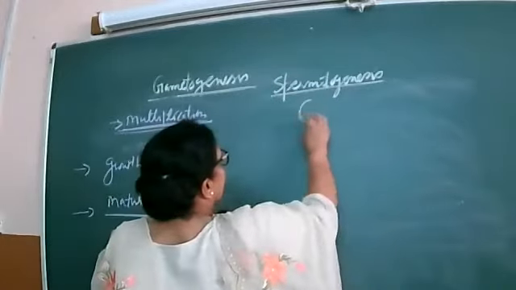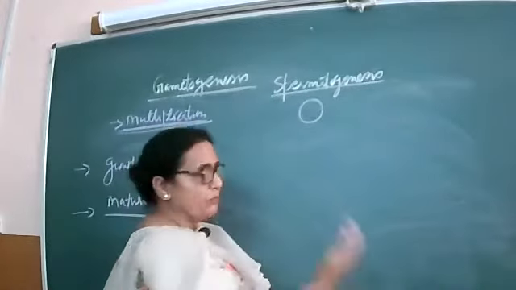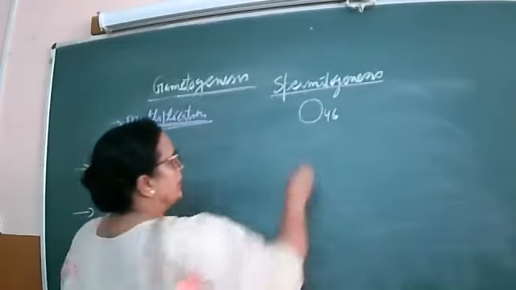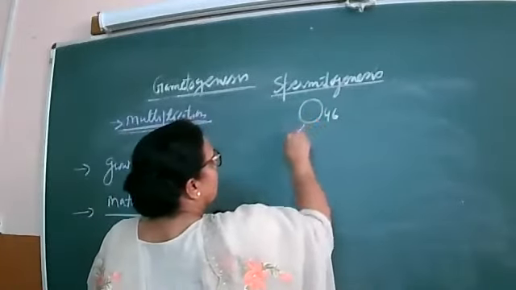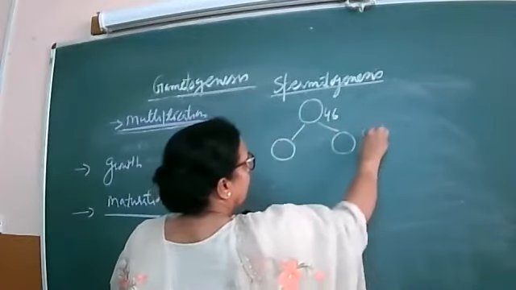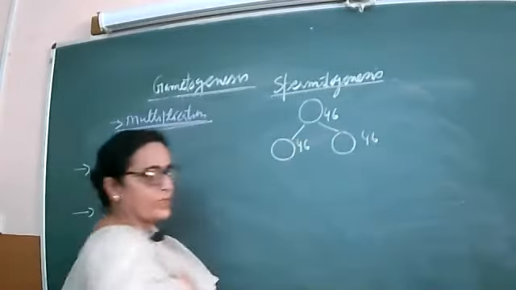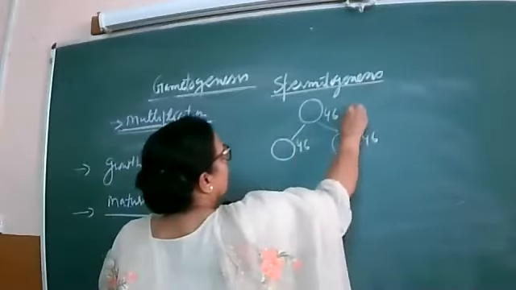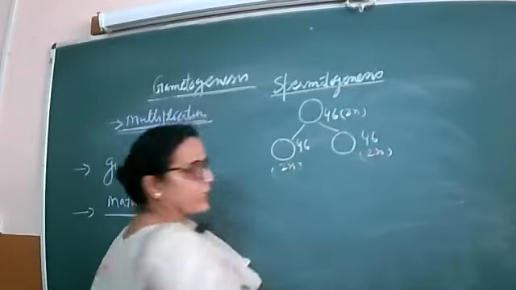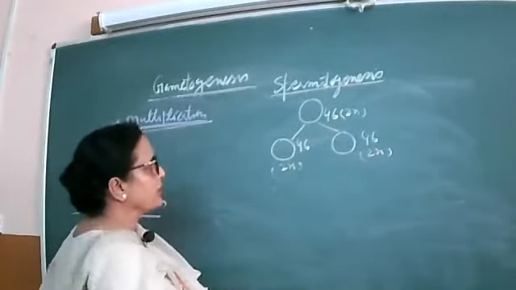Suppose this is one cell, cuboidal epithelium, diploid, 46 chromosomes, and it will go for mitotic division. How many cells will be formed? Two cells. Again they will be 46, 2n, diploid, because mitosis is taking place, so no reduction is taking place.